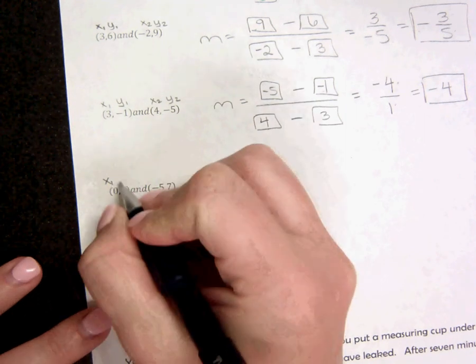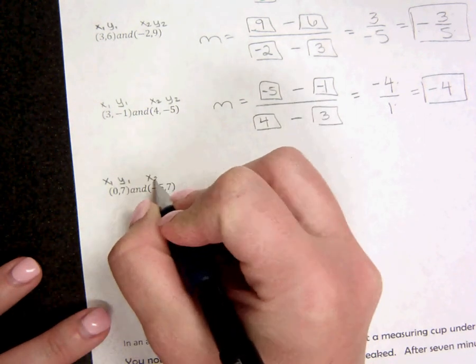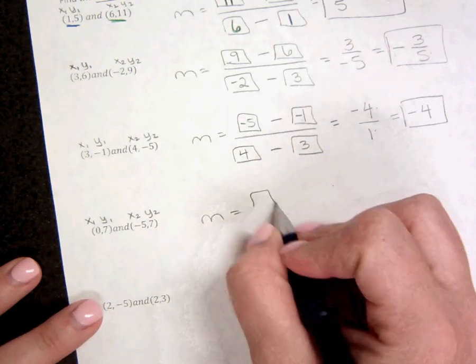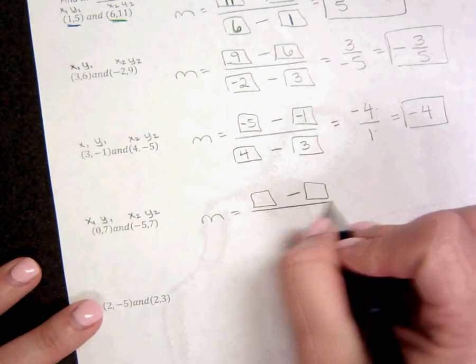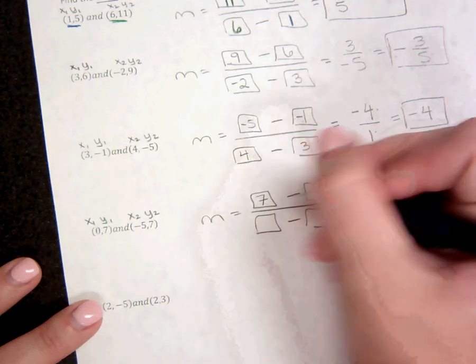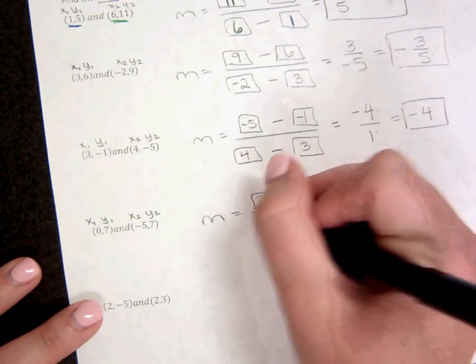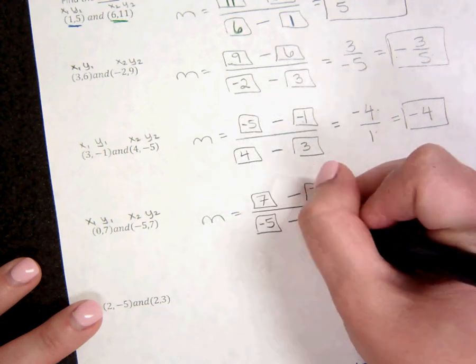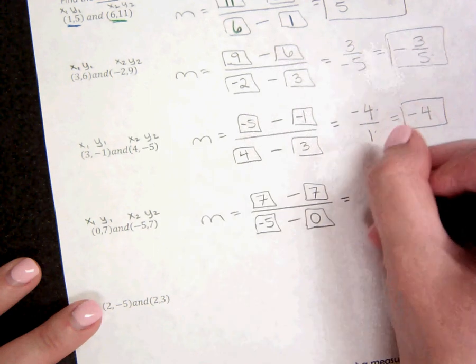Let's look at these last two down here. We have x1, y1, x2, y2. So we have 7 minus 7 over negative 5 minus 0. 7 minus 7 is 0.